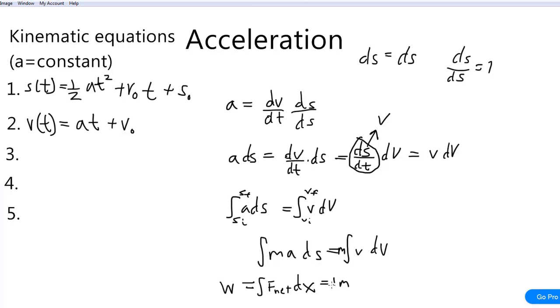So I'm going to write the half on the outside: half m v final squared minus half m v initial squared. So really, this is just the change in kinetic energy. I'll talk a little bit more about energy later on, but basically, in the end, this is just a massless form of energy conservation.